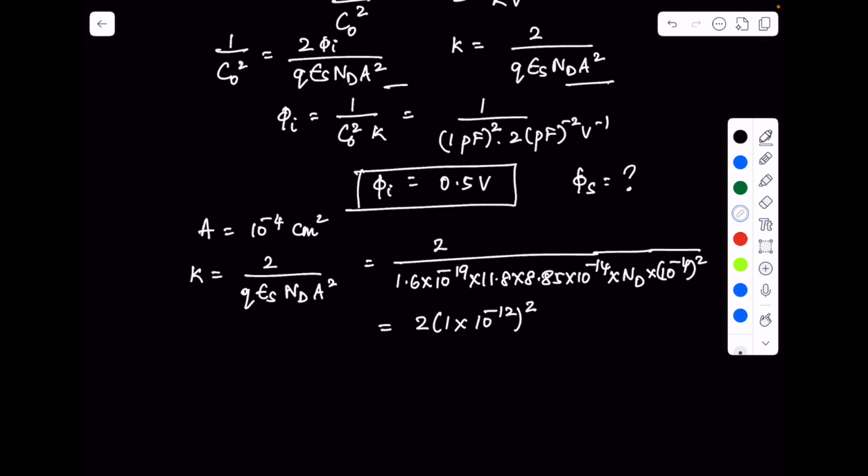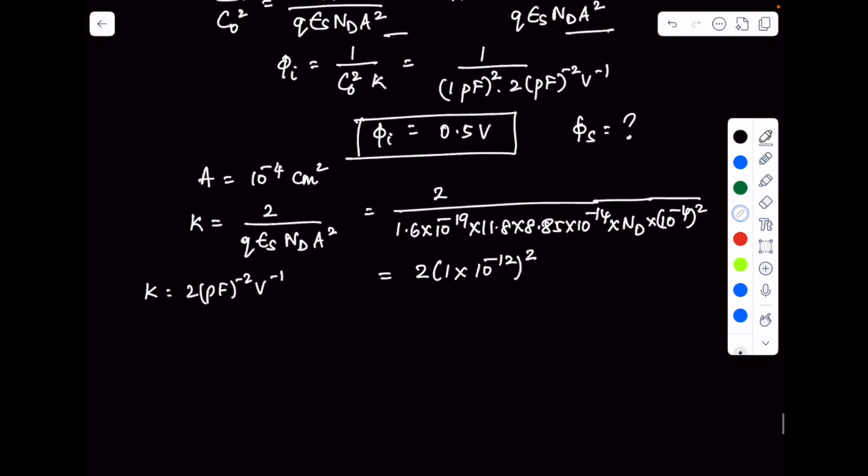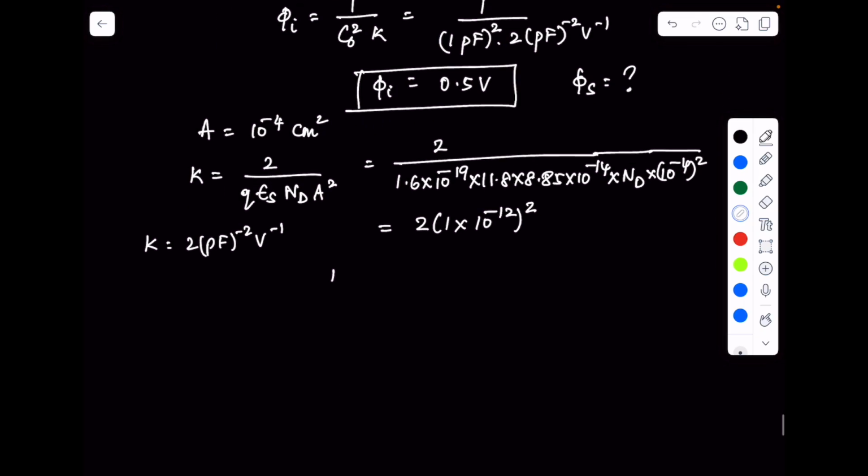Remember, I'm talking in SI units, so this k was given to be 2 pF⁻² V⁻¹, and to convert it to SI I need to multiply by 1×10⁻¹². If I solve this equation, I get N_D to be 5.98×10¹⁴ per centimeter cubed.